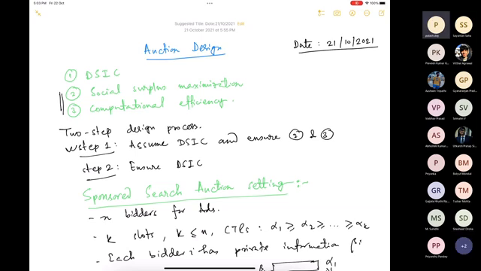To ensure these three conditions, we advocated a two-step design process. Step one: you assume dominant strategy incentive compatibility without any justification, and try to design an allocation rule which is computationally efficient and which maximizes social surplus.